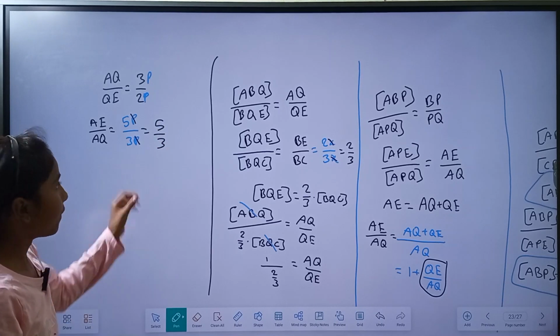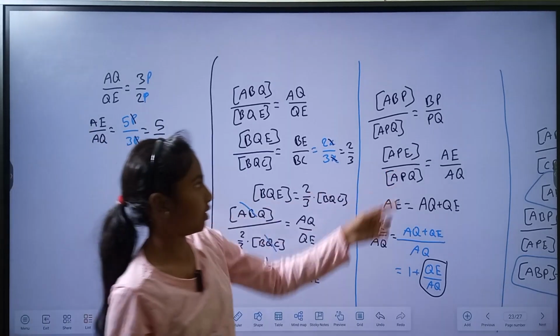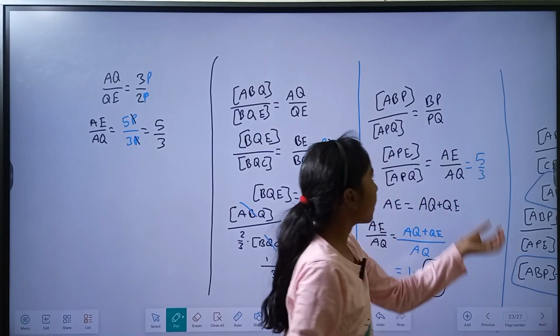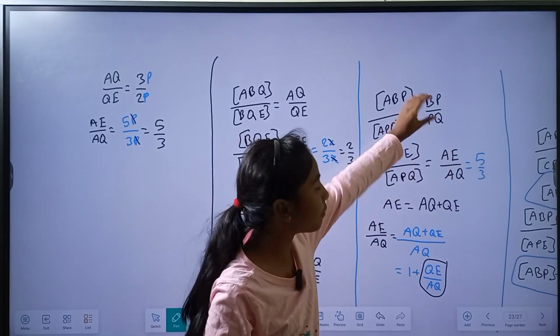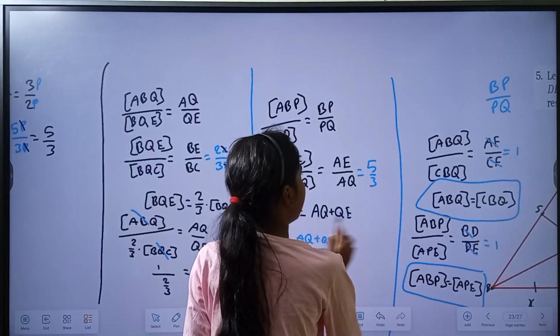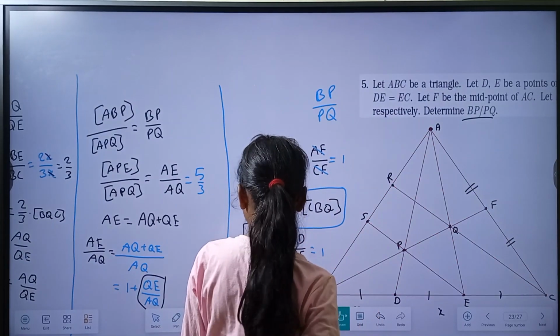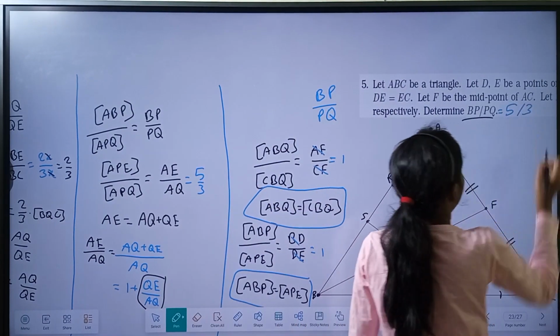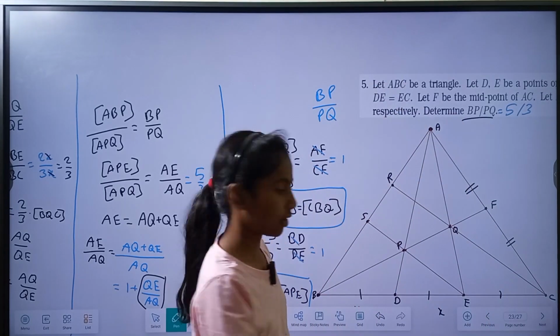So the value of AE by AQ equals 5 by 3. And we have found this to get the value of BP by PQ, the required value. So BP by PQ equals 5 by 3. Hence the required ratio equals 5 by 3.